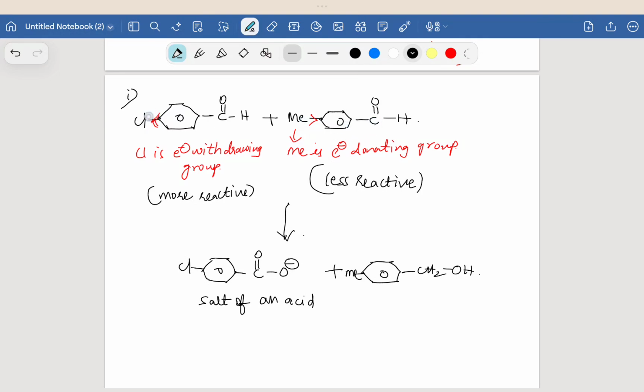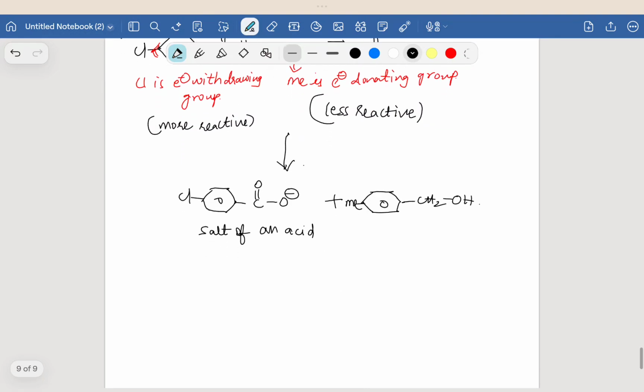But chlorine is electron withdrawing. It pulls electrons from the benzene and from this aldehyde, so it increases the electrophilicity, positive charge here. That's why OH can attack easily and it is more reactive. Got it now? Yes. So salt of an acid.